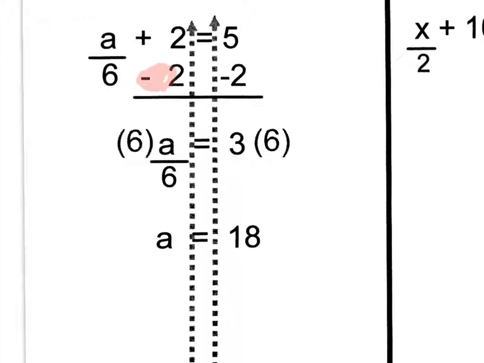I subtracted 2 from the left side, and I subtracted 2 from the right side. When I did that, my a over 6 was brought down, and then I did 5 minus 2 on the right, which gave me 3.